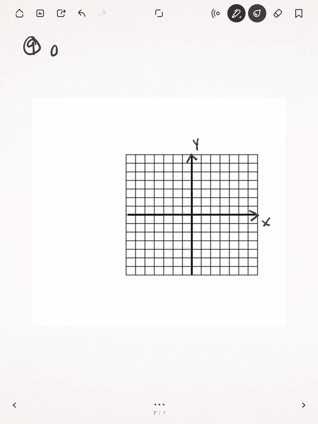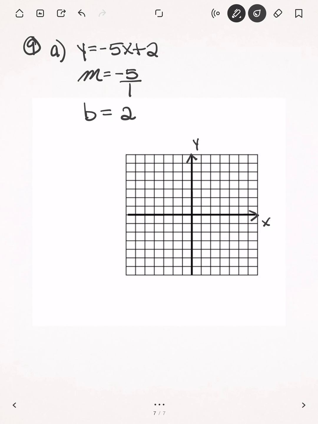Our first problem is y equals negative 5x plus 2. If we want to graph this equation, we need to find m and b. My slope, and I'm going to write it as a fraction because I'm going to use it to graph, is negative 5, but I'm going to put it over 1. And b is positive 2.